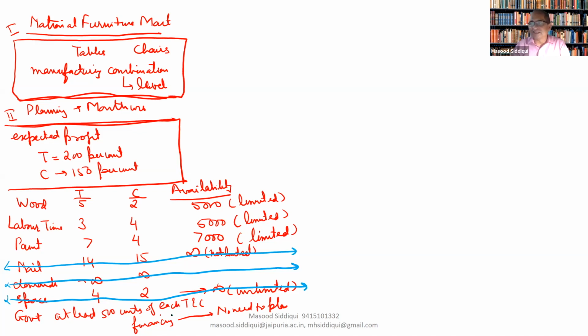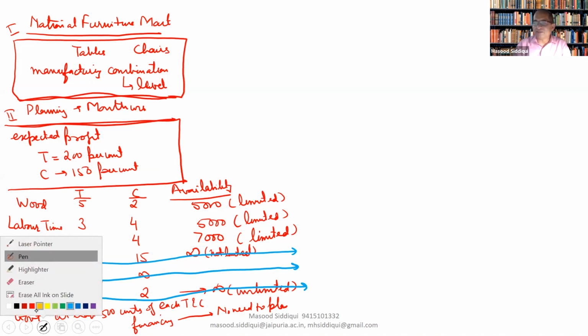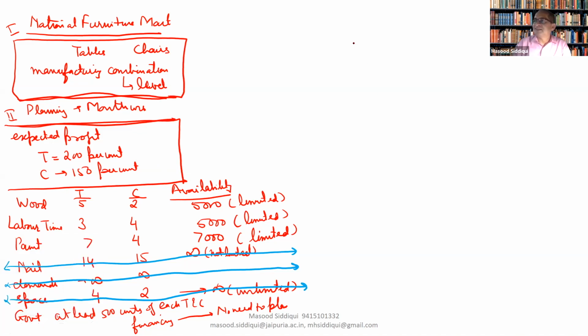So they are providing unlimited space. Right? So these are the situations that we have considered in this case. As we discussed here, this is the first part that we have considered, that is related to identification of the problem.